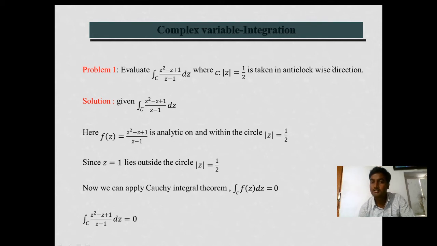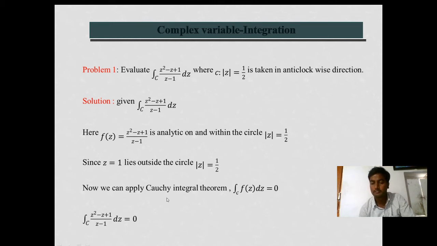Or otherwise, substitute in modulus of z: modulus of 1, 1 is greater than 1 by 2, therefore it is outside. If it is less than the radius, then it is inside. So this is totally analytic except at z equal to 1. That point is outside the region. So now easily apply Cauchy integral theorem. Its integral f of z dz is always 0.